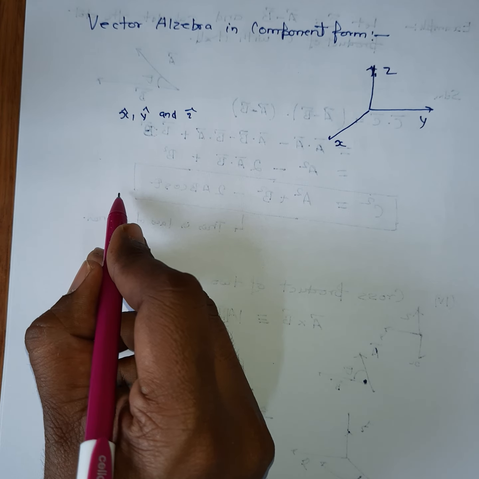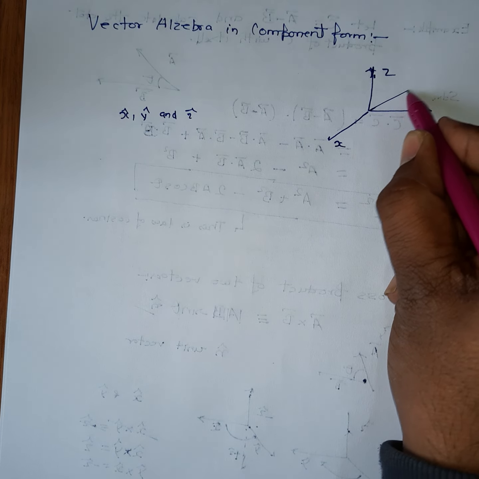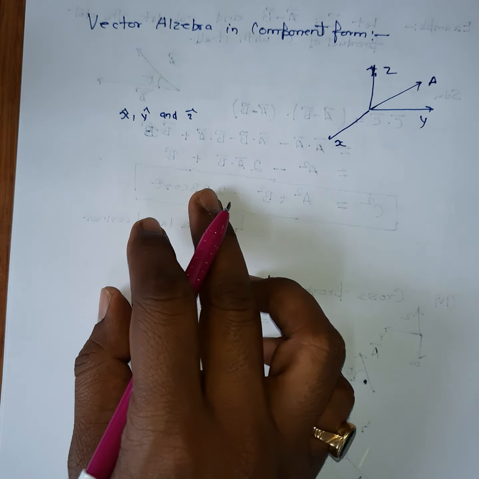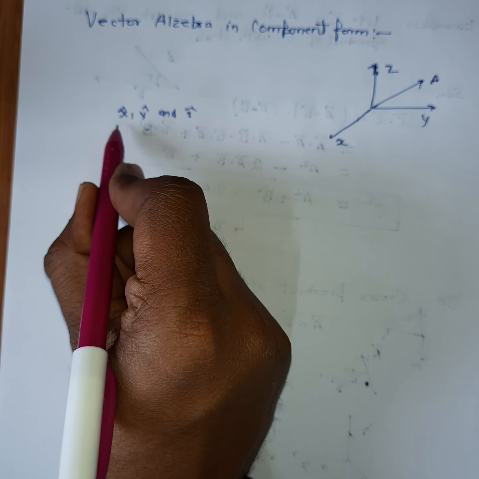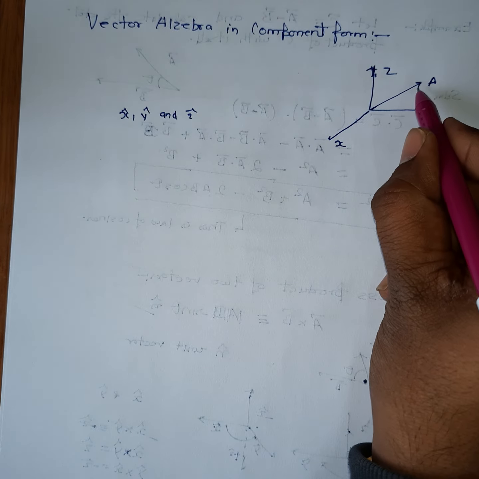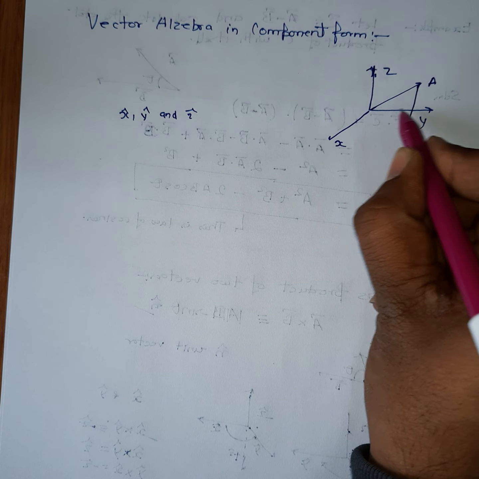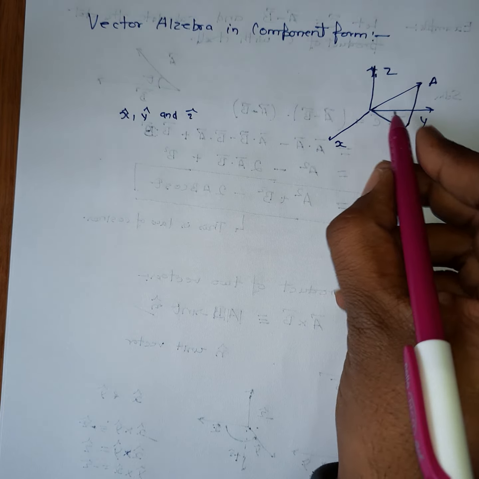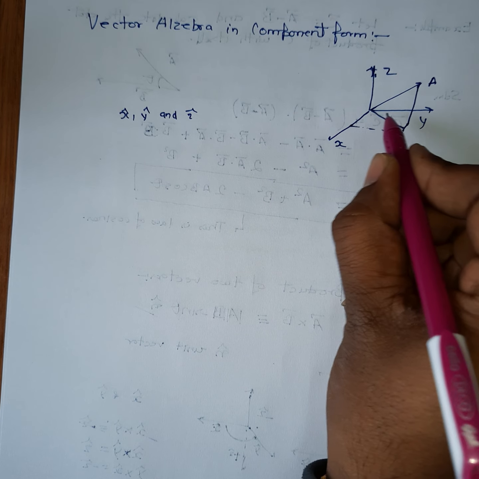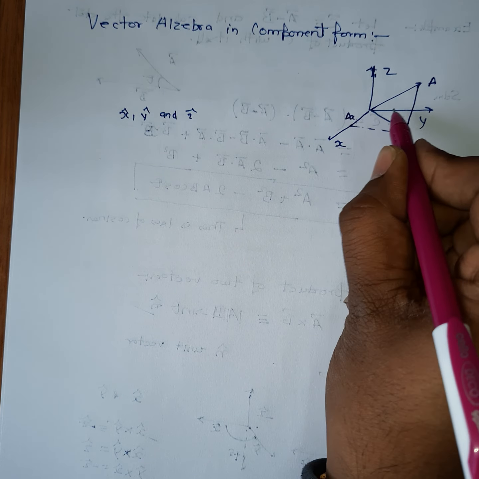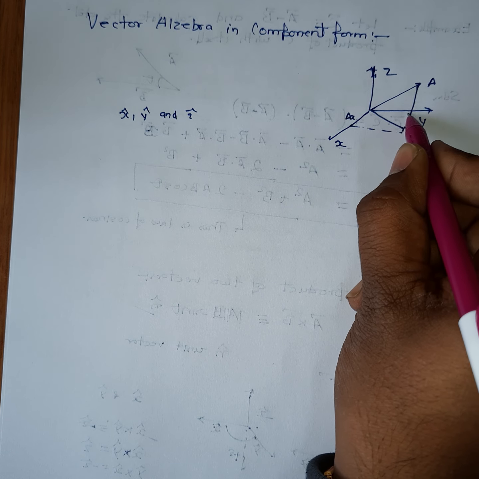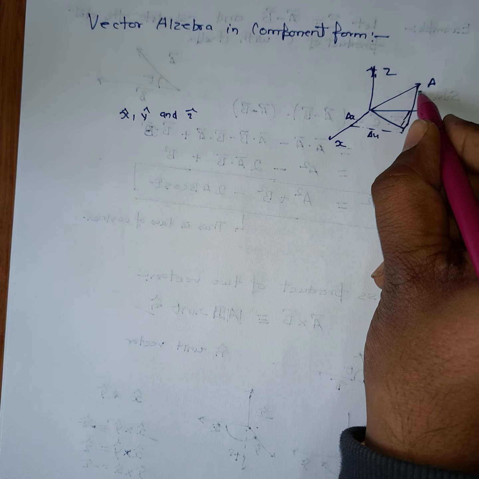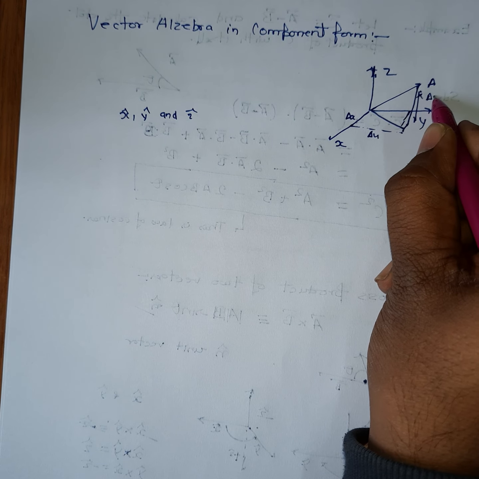Any arbitrary vector A can be expanded in terms of these basis unit vectors. You can expand it like this, you can take the projection, which means you can take its magnitude: this will be ax, this will be your ay, and this much height will be your az.